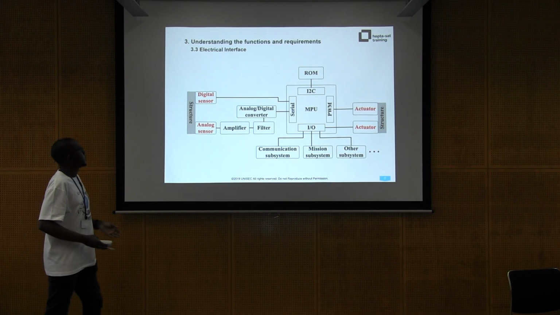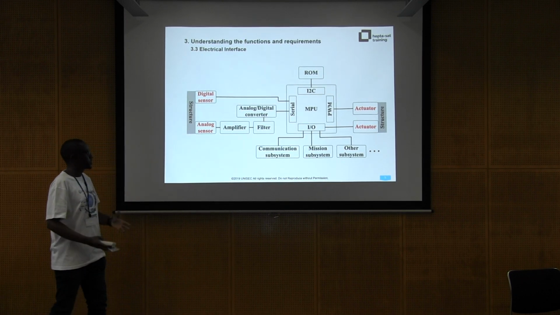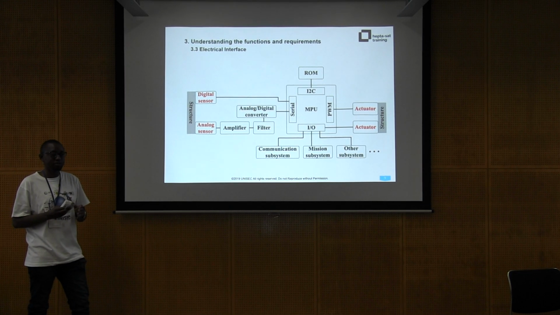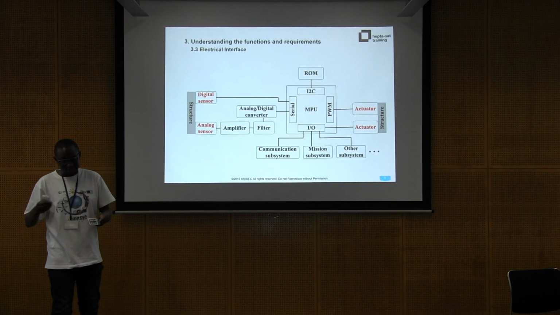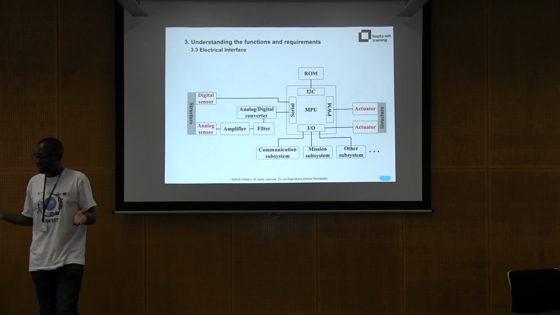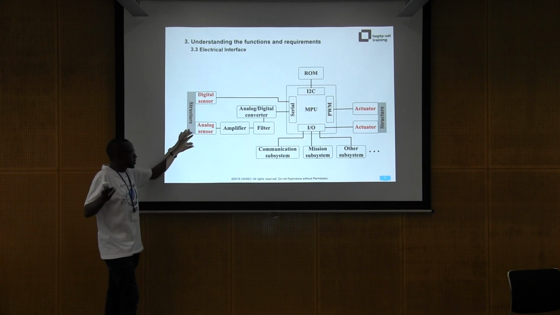Okay. So this is trying to give you more insight about the interfaces, because they are very important in terms of the command and data. These different pins that I showed you earlier, you might want to connect a different sensor for a certain mission, which might be an analog sensor.